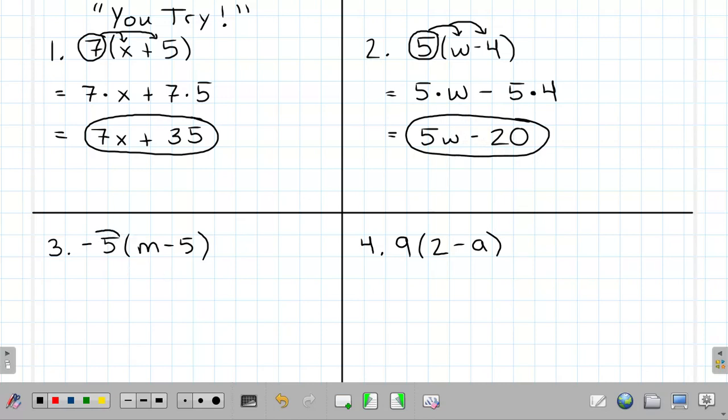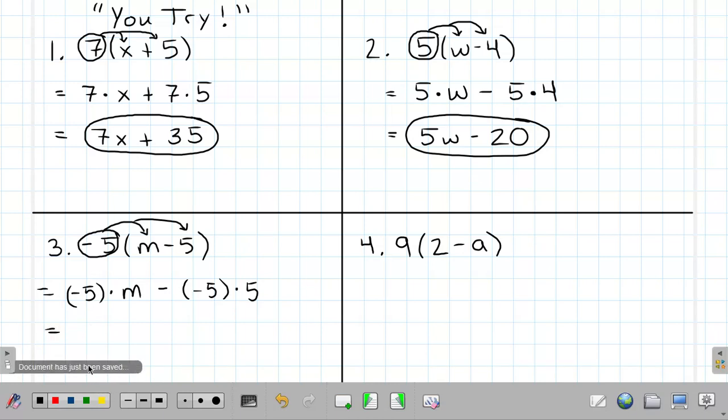Now, number 3, we're running into a little issue here because we have the negative this time. So we distribute the negative. So negative 5 times m is negative 5 times m minus negative 5 times 5. And then once again, we get the little thing happening here where we have a negative times a positive, but first let's take care of this.